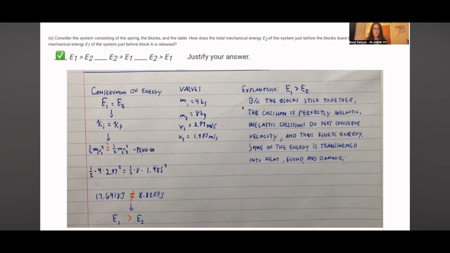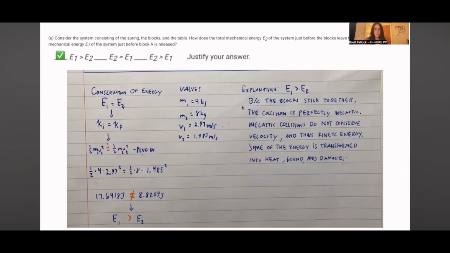For the conservation of energy, this presents two scenarios: the initial scenario just before block A is released by the spring, and the final scenario just before the blocks leave the table, already having collided.